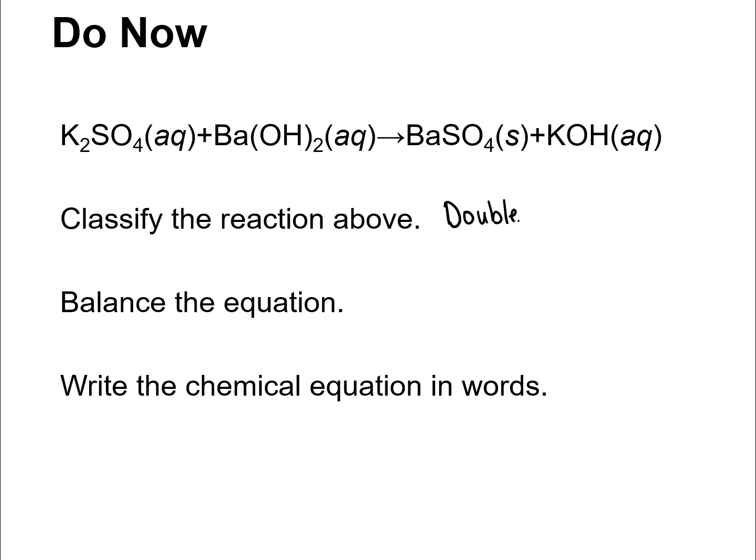It is indeed a double replacement reaction. So remember, you're taking 2 solutions, which my shorthand for solution is SOLN, and you are creating a solid, which is called a precipitate, and another solution. So that's a double replacement reaction.